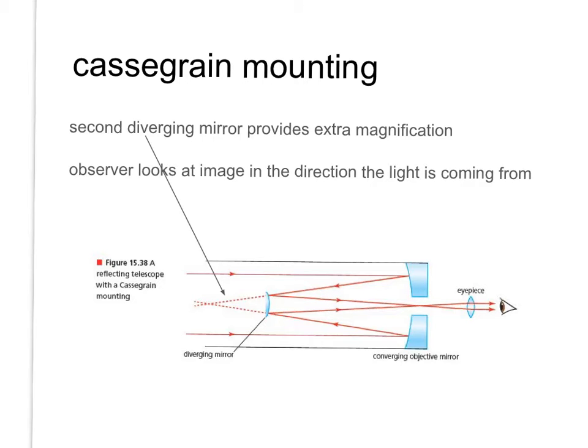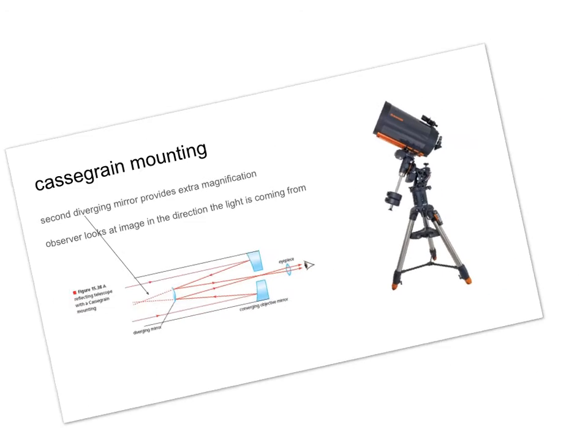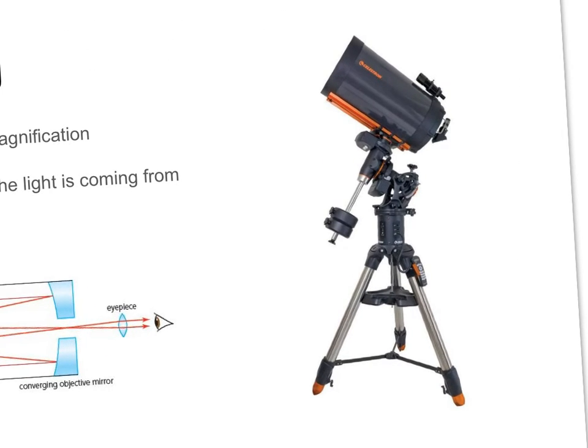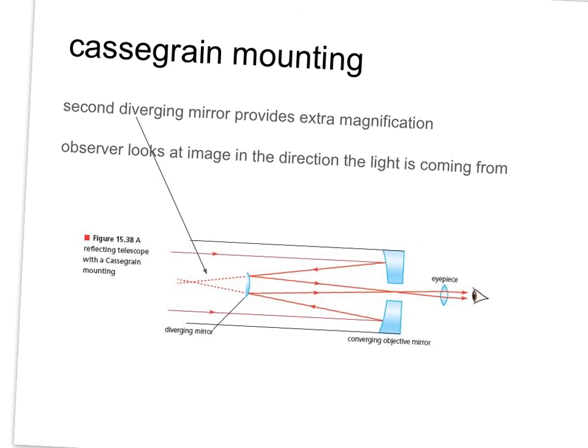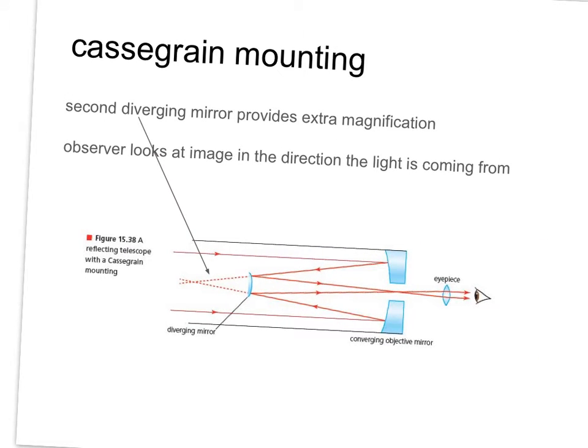The second type of telescope, which is French, and I'm not going to try and pronounce it in French, the Cassegrain mounting telescope, is a little bit different if we have a look at a picture. It's a standard stereotyped telescope where you look through here and you can see space out there. And it's different to the Newtonian in that you're using two mirrors this time.